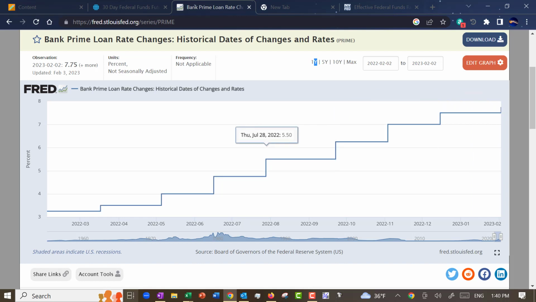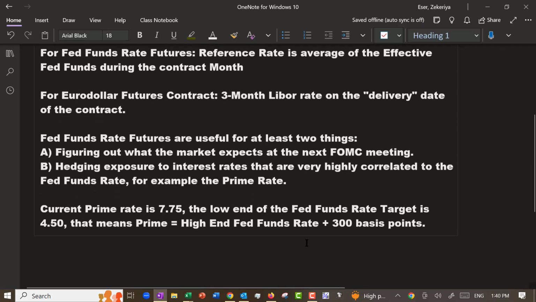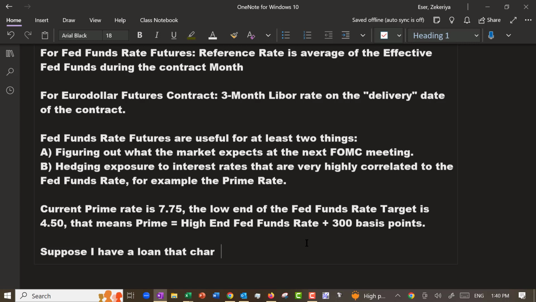Let's think about it. Suppose I have a loan that charges prime plus 2, and I borrowed $10 million.